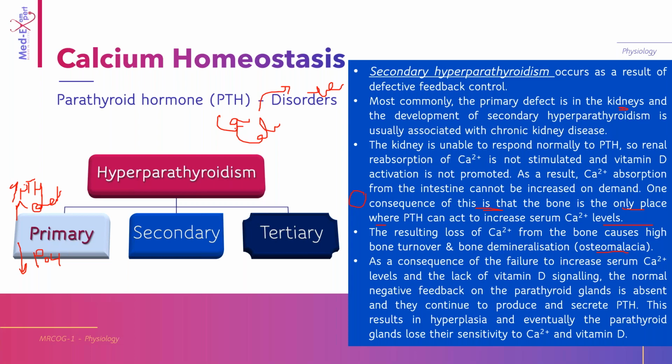But in this situation, calcium is not normal and calcitriol also is not activated, so there is no negative feedback mechanism on the parathyroid gland. Still, there is hypocalcemia, so the parathyroid gland will continue to secrete parathyroid hormone without stoppage, leading to hyperplasia of the gland and what's called secondary hyperparathyroidism.